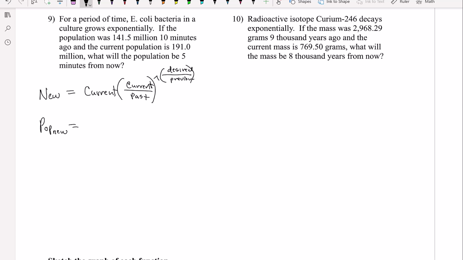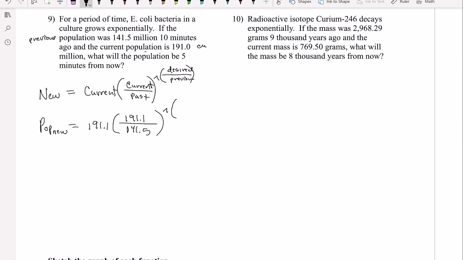If the population was, so that is the previous, and the current, so this is the current, so the current population is 191.1 in millions. And then this ratio will be the 191.1 million divided by the previous population, 141.5 million.